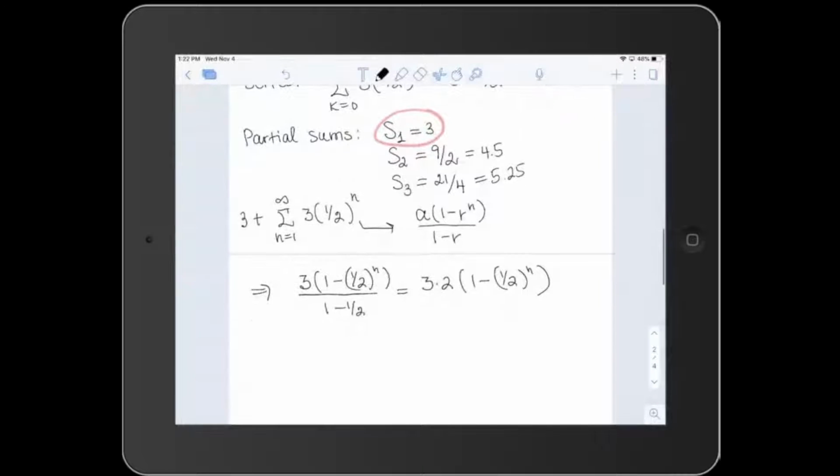I want to know the limit as n goes to infinity of this expression, 6 times 1 minus 1/2 to the n. What do you guys think? As n goes to infinity, where does this expression go to?